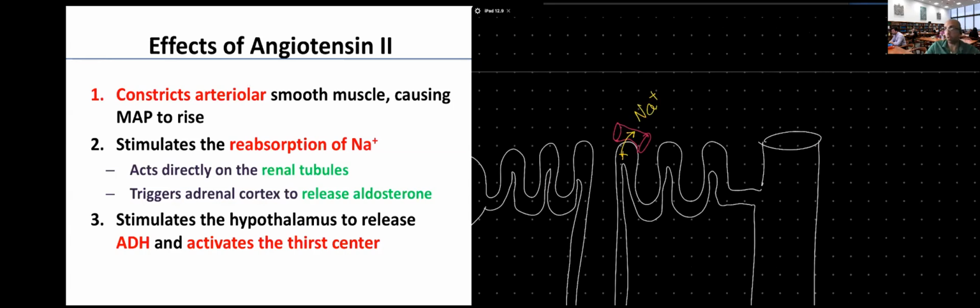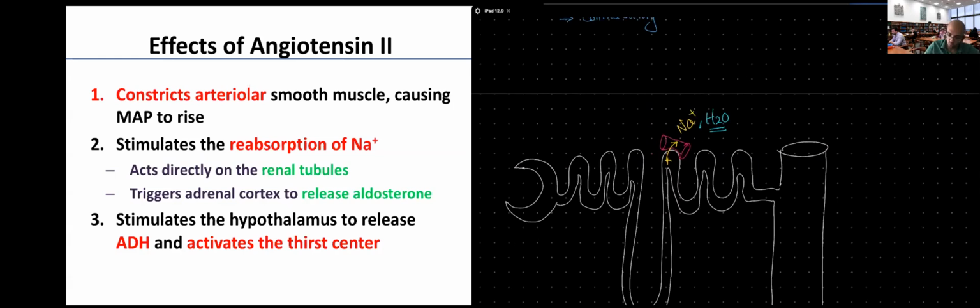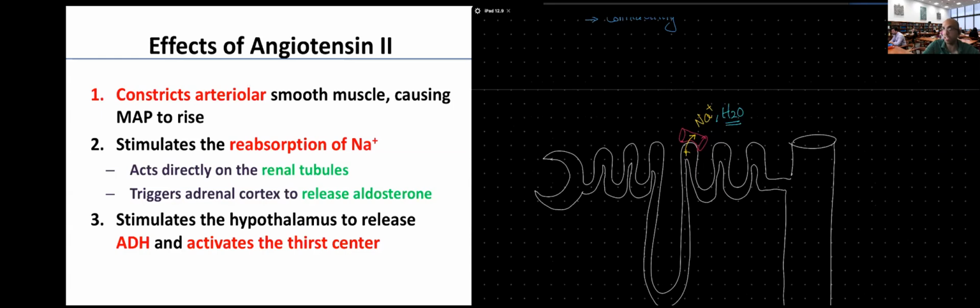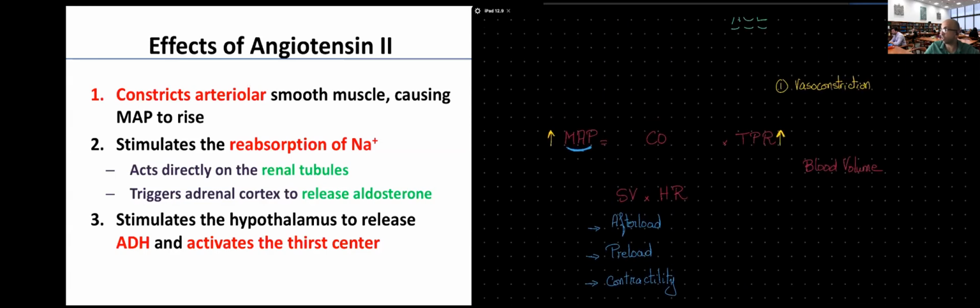And remember, when you reabsorb sodium, what's going to follow the sodium? It's going to be water. So what's going to happen if I get water back to my blood vessels? What's going to happen to my blood volume? What do you think?